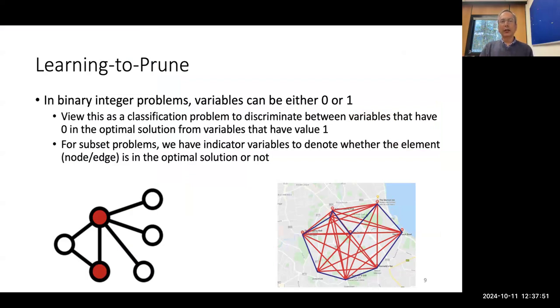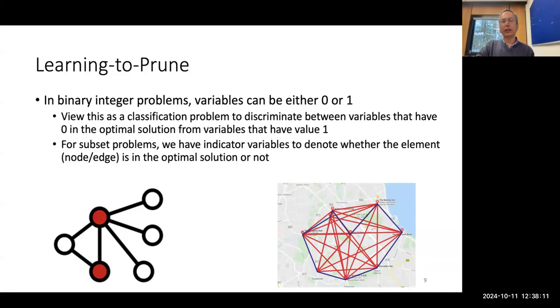Okay. So we are going to view this as a classification problem to discriminate between variables that have the value 0 in the optimal solution from the variables that have the value 1. So for example, here I have a figure for a vertex cover problem.